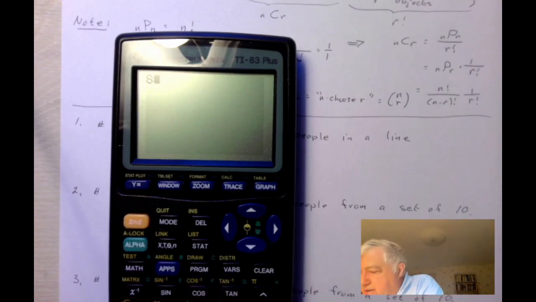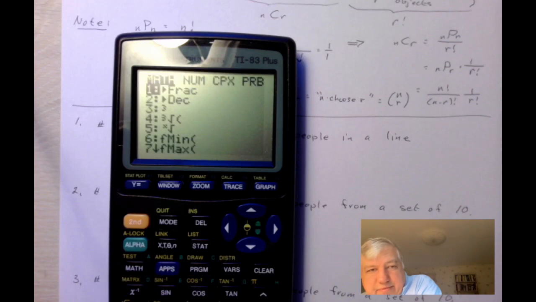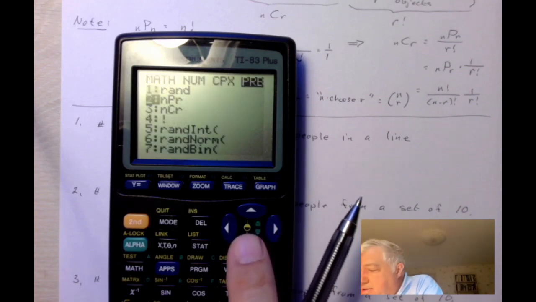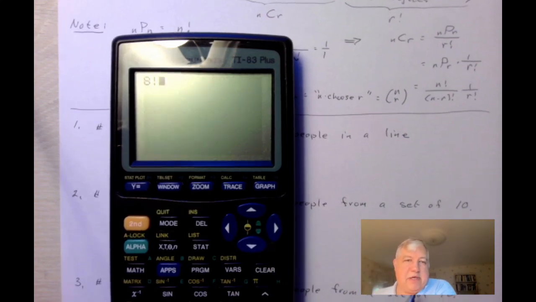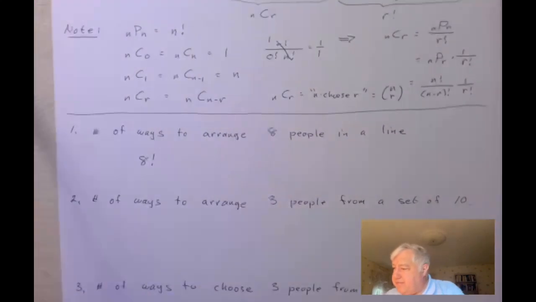We do that by hitting the math button, choosing the probability menu, and right down here on number 4 is the exclamation point. So we choose that, and we get that 8 factorial is 40,320.